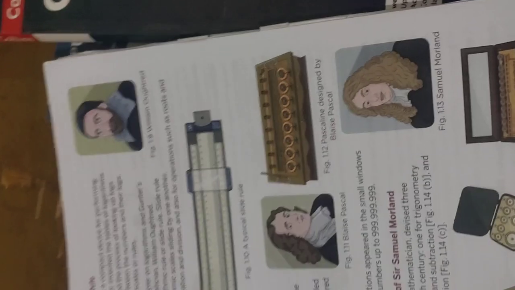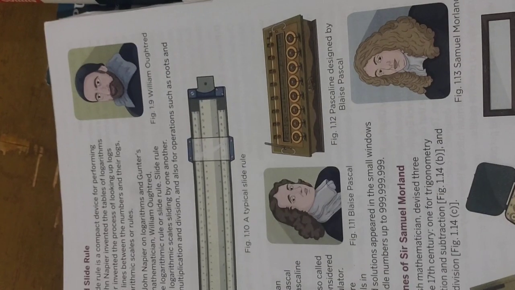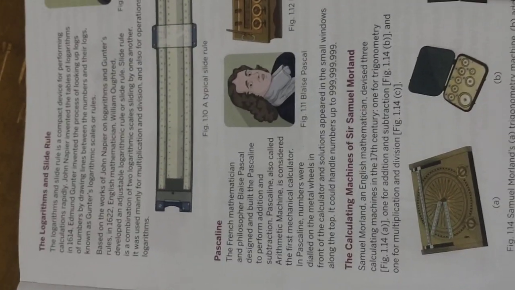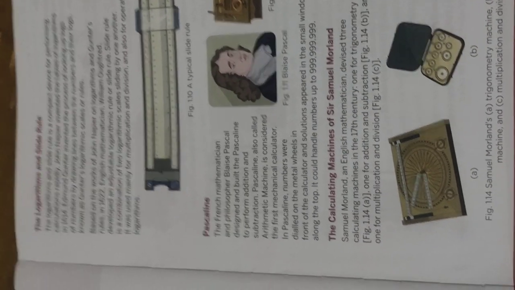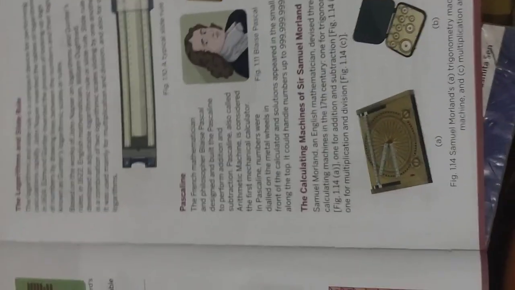So it is another machine designed by Blaise Pascal. From these great scientists and their machines, we are now in the age of the 21st century and we are using computers.